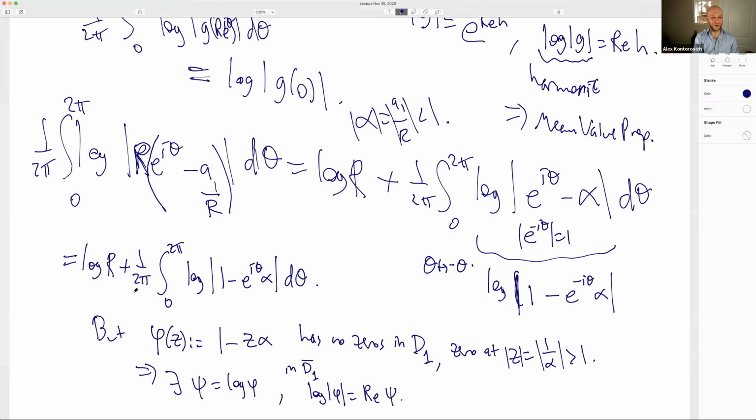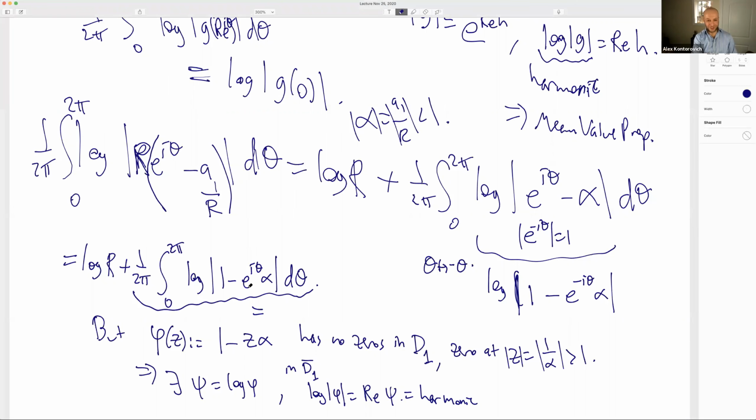And so this integral is equal to the value. This is harmonic because it's the real part of a holomorphic function. I'm just running the same argument again. So this is harmonic, and the average value of a harmonic function is its value at the origin. This was log of absolute value phi.